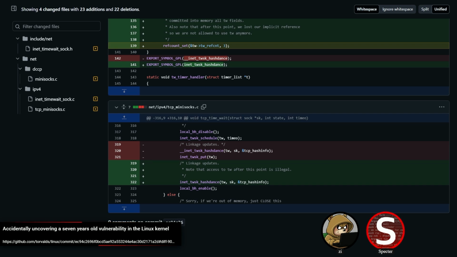That opened up a race condition where you had a window where the object was in the hash table. It could be looked up, but the reference count wasn't initialized and there was no ownership of the object. So in the case of the crash, this twsk_unique function was trying to obtain a reference on the object using the sock_hold API, but that reference count wasn't initialized, hence the refcount increment on 0 warning.